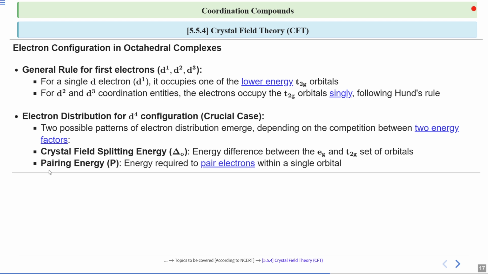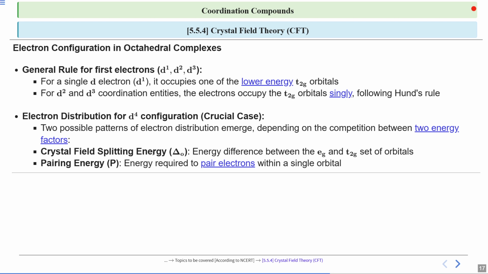The second factor is the pairing energy, represented by P. This is the energy required to pair electrons within a single orbital. If the fourth electron is to be filled into the t2g orbital, it must pair up with the first d orbital in the t2g, so pairing energy is required.